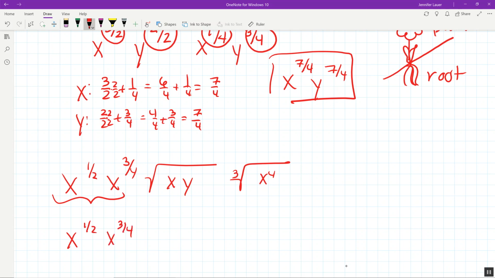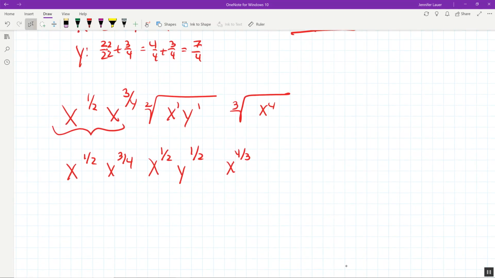But the rest of them are in radical form, so I need to bring these down now. The power of this x is 1, and remember the root is 2 when it has nothing there. And the same for this. And of course this one is going to be the power of 4 over 3.